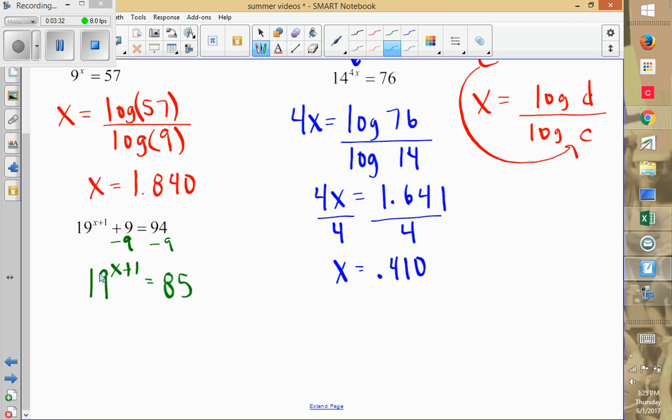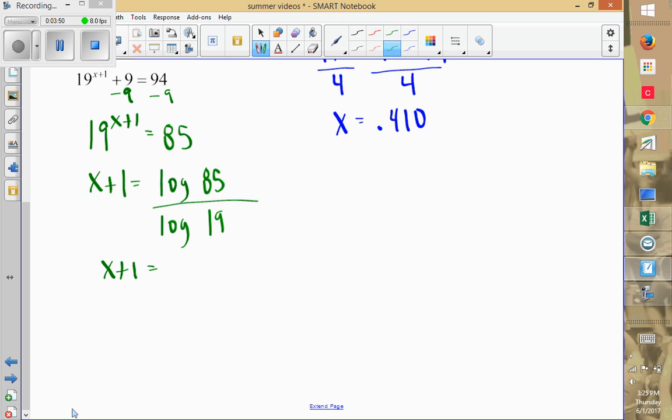Now that I have just an exponential and a number, I can use the formula and set my exponent equal to the division of two logs. 19 is the base. 85 will go then in the numerator.